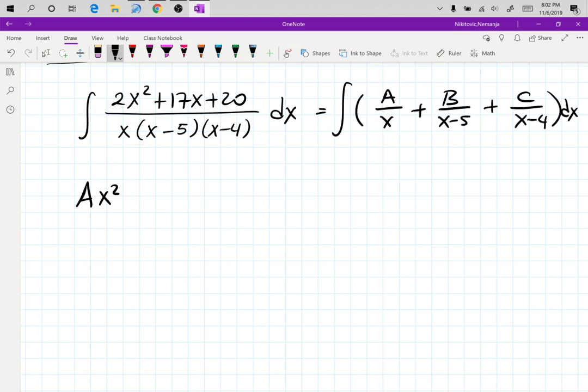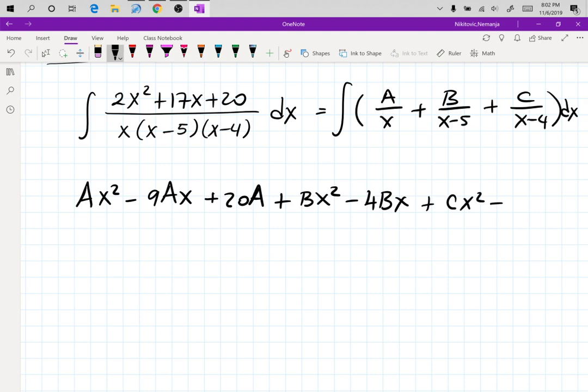So x squared minus 9ax plus 20a, and then b is going to go plus bx squared minus 4bx, and then c is going to multiply the other two plus cx squared minus 5cx. Great. So now we collect x squares, we collect x's, and we collect constants.